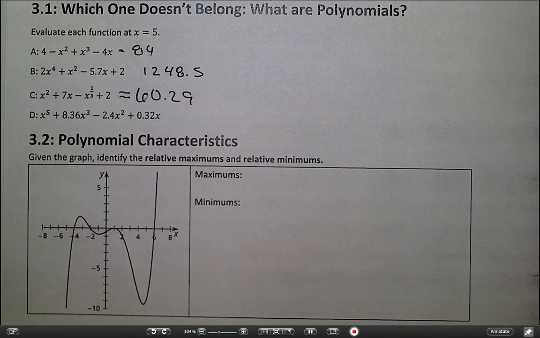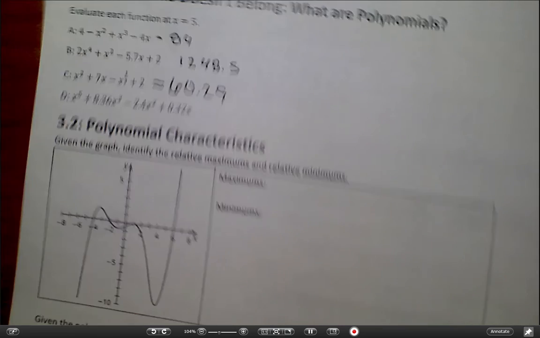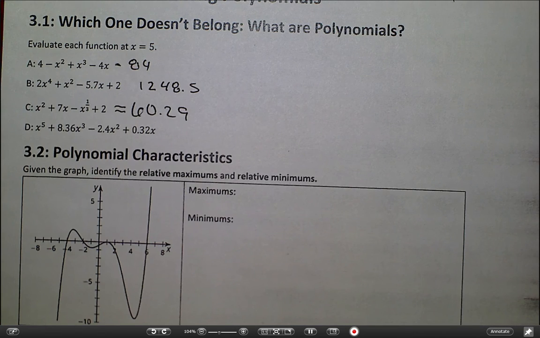What's my answer for D? 0.6? I'm trying to see it. Actually, I am looking at your calculator now. Oh, yeah.